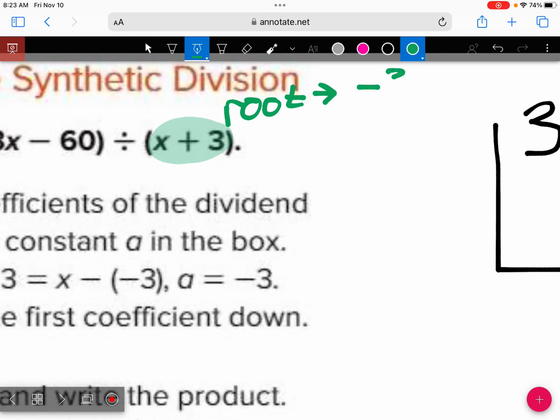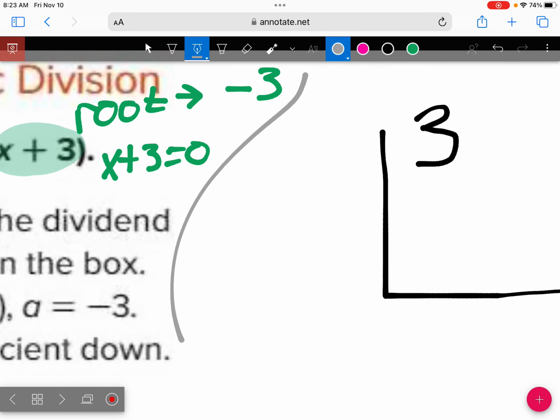It's -3, when we set x plus 3 equal to 0 to find our solution. So that goes out here. This is how we set it up. This is the entire thing set up.